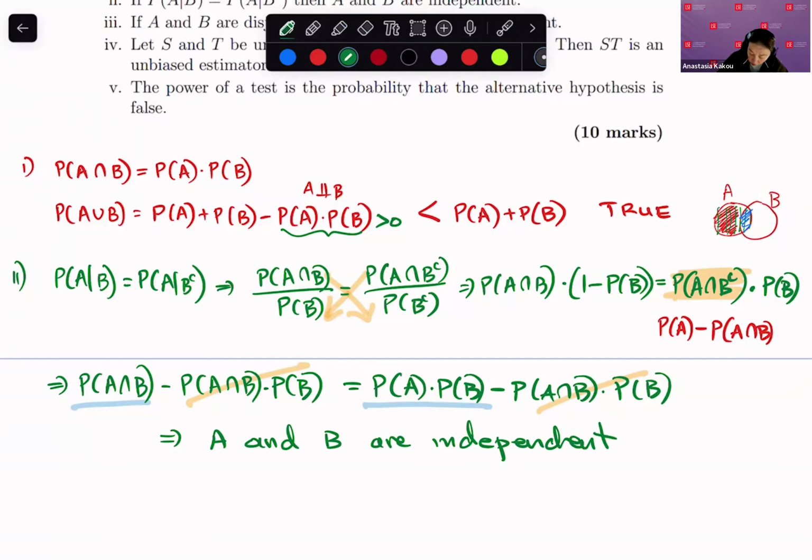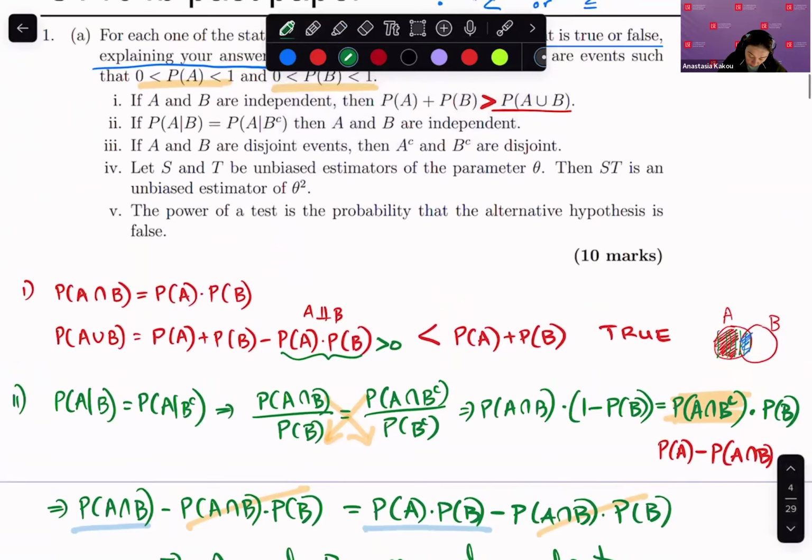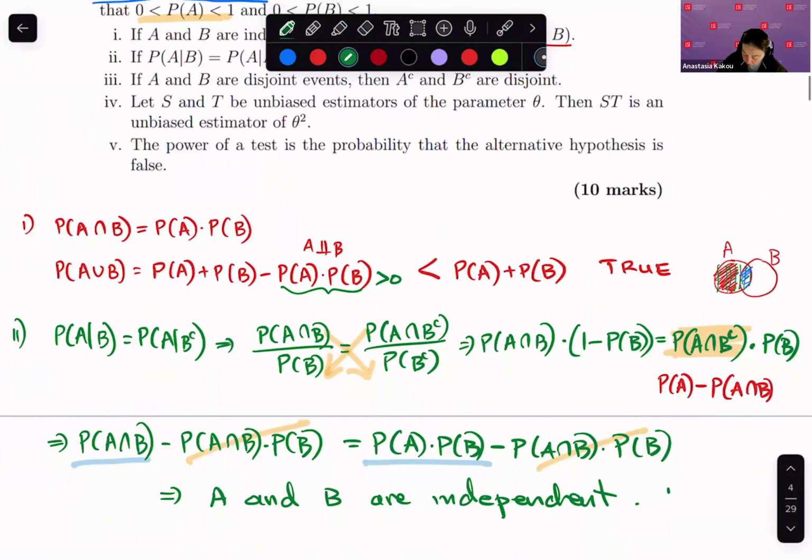And so the statement is true. Yes, so the statement is true. Right, so we proved the first two bits.